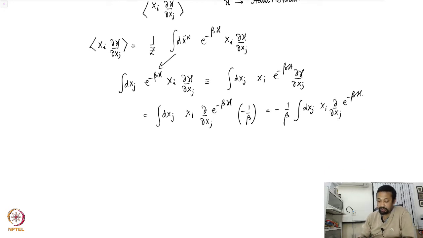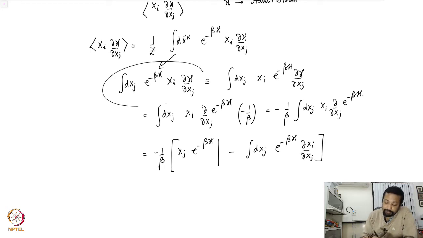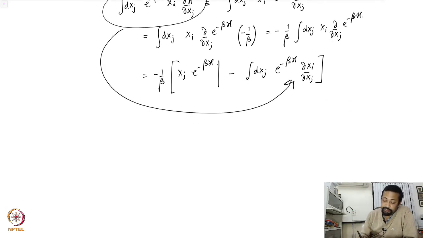If I now integrate by parts, then essentially I have 1 over beta x_i e to the power minus beta H, the boundary terms, minus dx_j e to the power minus beta H del x_i del x_j. So just this part of the integral has now come to this. But these are the boundary terms.